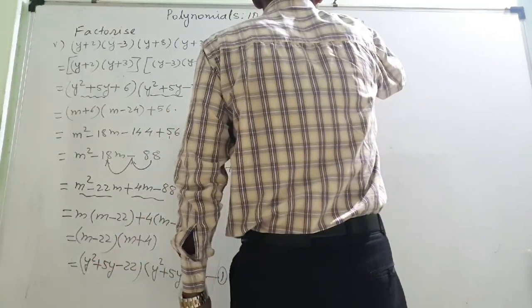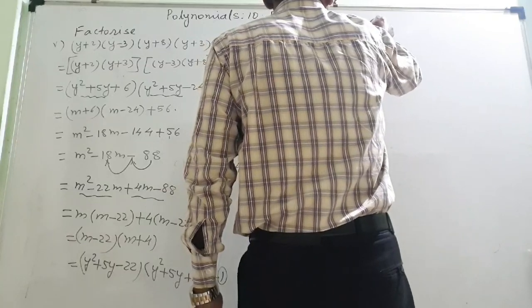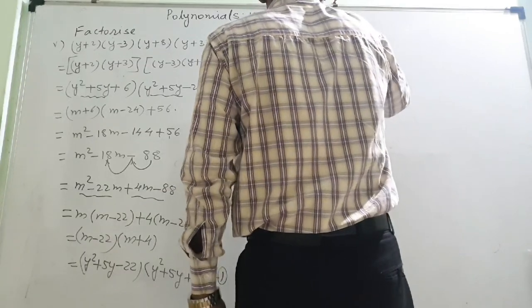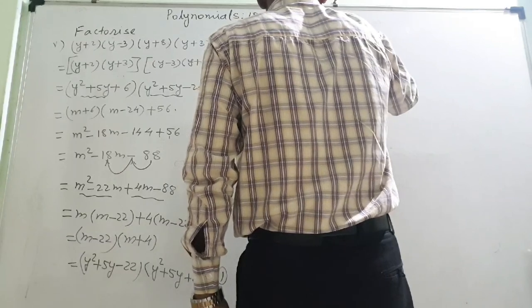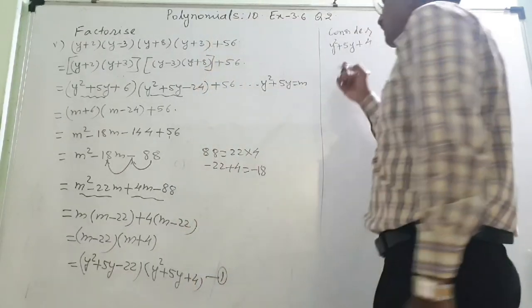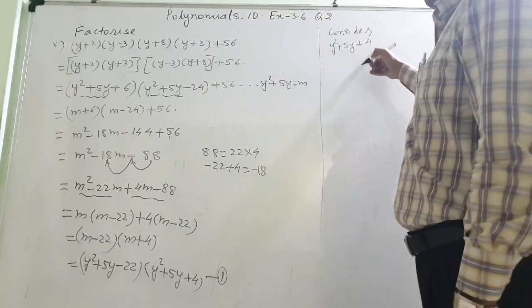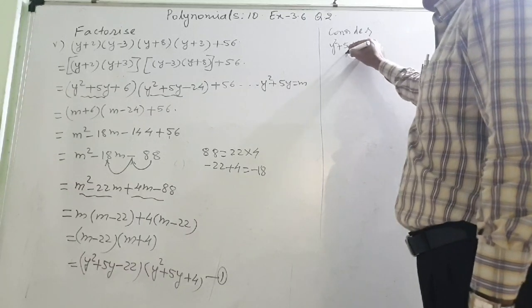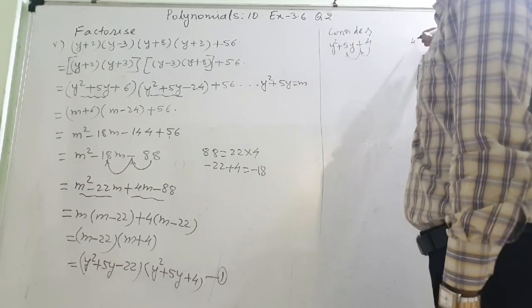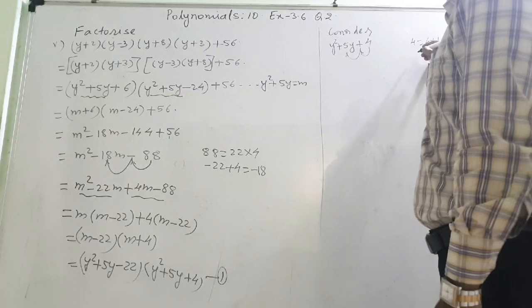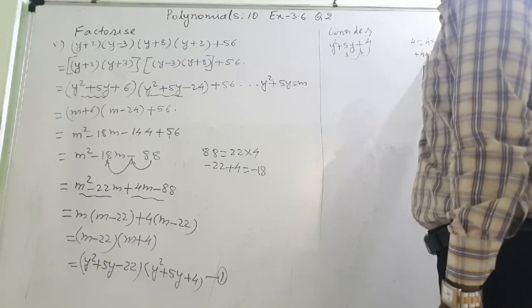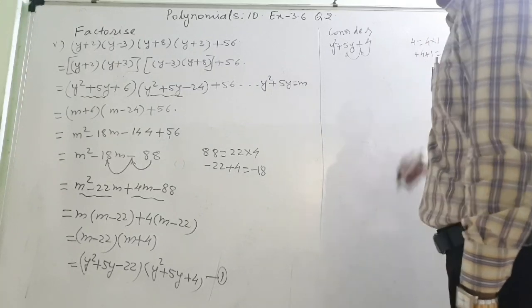So consider y square plus 5y plus 4. Find the factors of 4 such that their addition is 5. So 4 is equal to 4 ones, these are the factors, and plus 4 plus 1 is equal to plus 5.